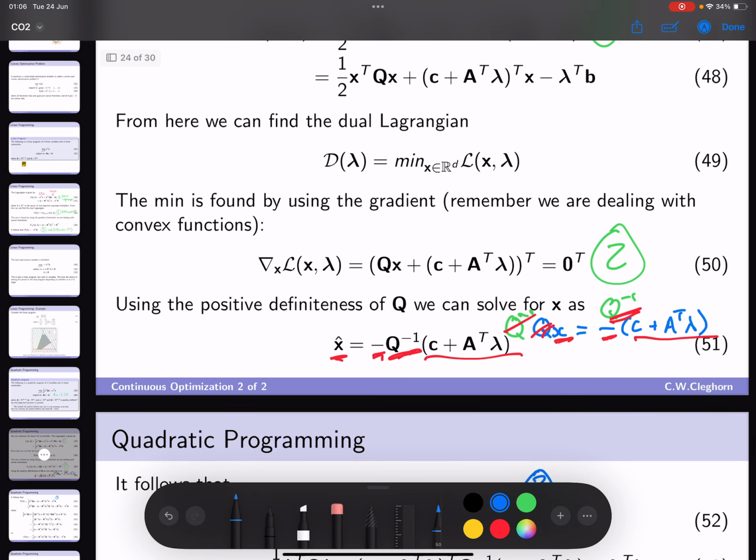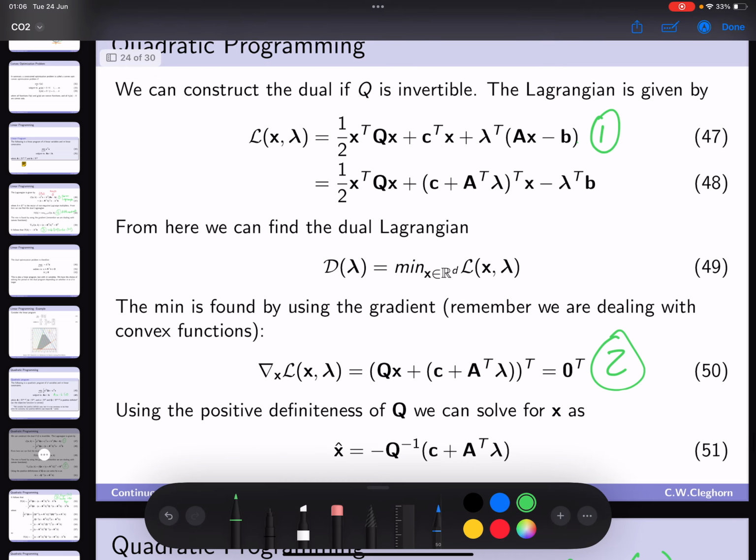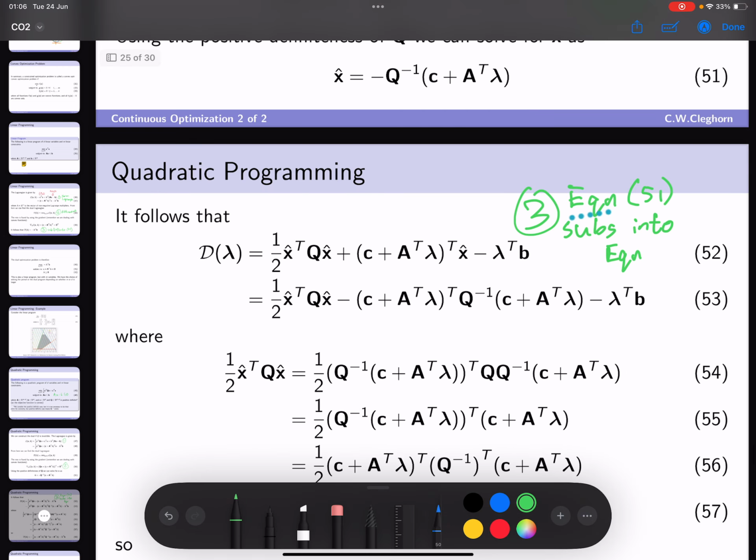So, equation, sorry, let's clean this up. Okay, so step 3, equation 51 subs into equation 48.